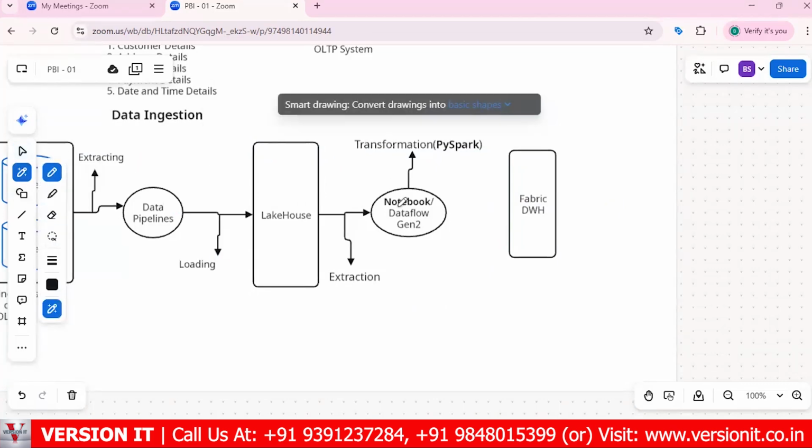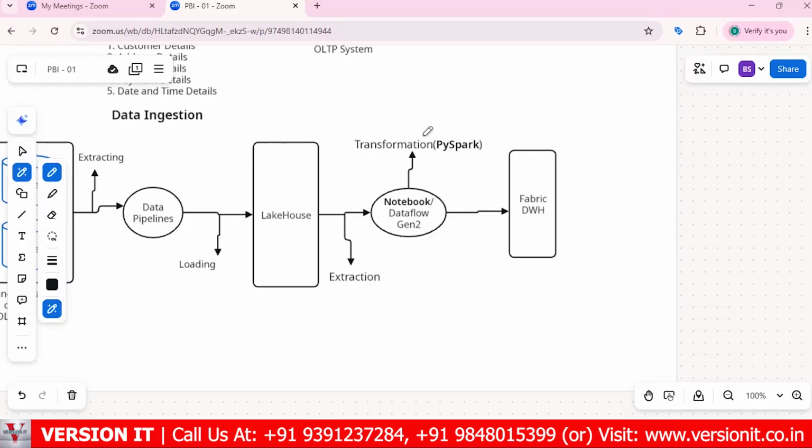In order to load the data, what are we going to write? We are going to create a notebook to load the data into the Fabric data warehouse. The process of feeding the data into this particular place, we can call loading.